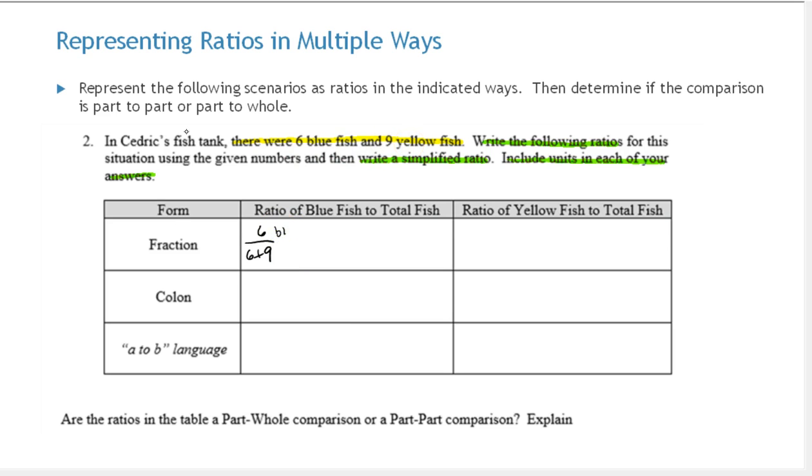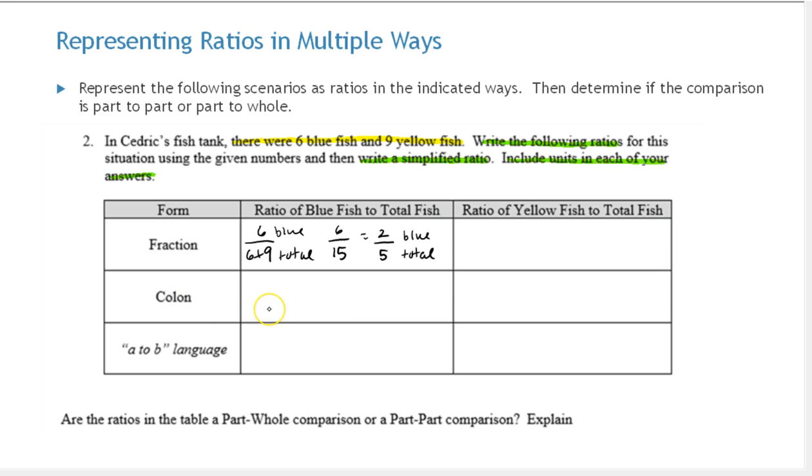So 6 blue over the total, and that would be 6 to 15. Now we can simplify this. These each have a factor of 3, so we could also write this as 2 to 5. So there's 2 blue fish for every 5 total fish in the tank.